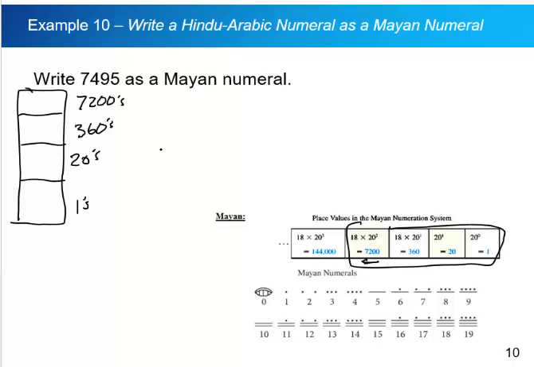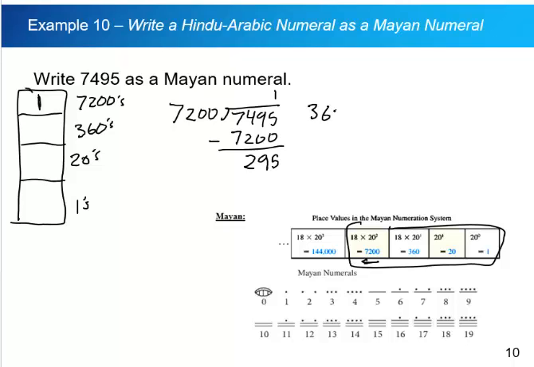Okay, so I want to know how many 7,200s go into 7,495. It goes in once. And we have remainder 295. Now I want to know how many 360s go into 295. Well, none. And so we still have remainder 295.